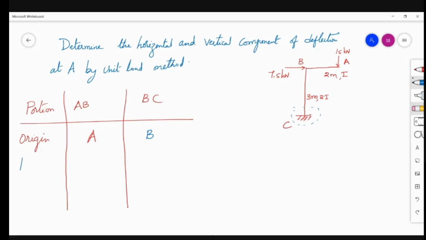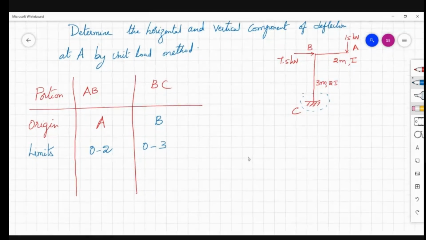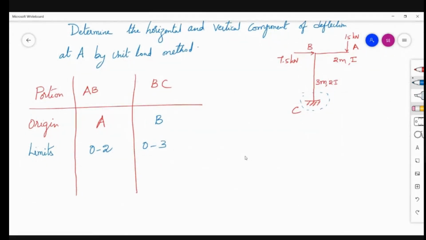What are the limits? Next step is limits. So what are the limits you will consider here for AB? Whatever the length is there, 0 to 2. Here this is 0 to 3. Wherever the origin is, that will be considered as 0 and the entire length will be considered, so 0 to 3.